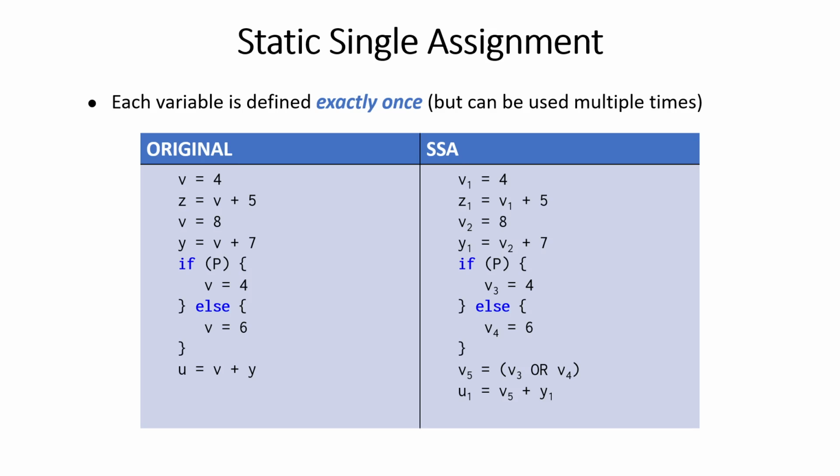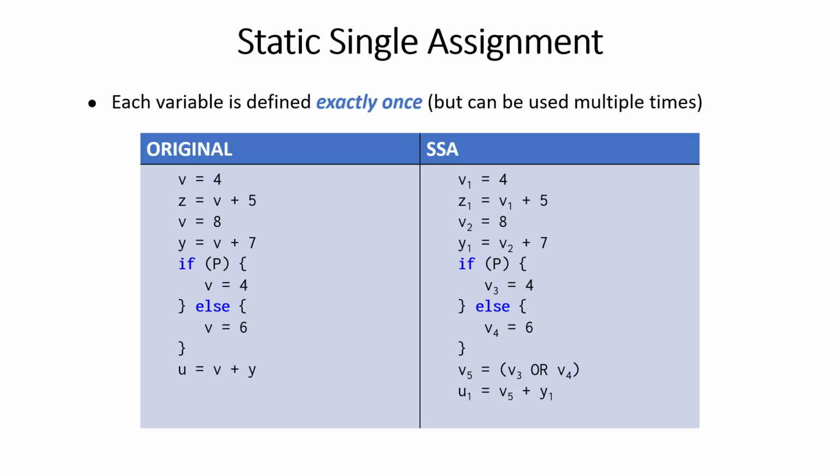So we have to continue computing with the possibilities that we had. For the v5 that we use down here, we can create a new v5, which is either v3 or v4, depending on this predicate p.